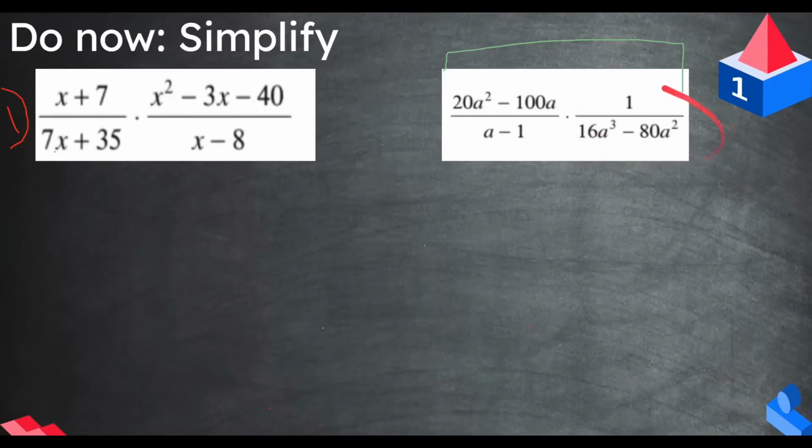You're talking about this? Yeah. Well, for this particular binomial, you have a GCF. So you have to factor out the GCF for this one. Just by eyeballing it, you already see that you have 16 and you have 80. There's something they have in common.